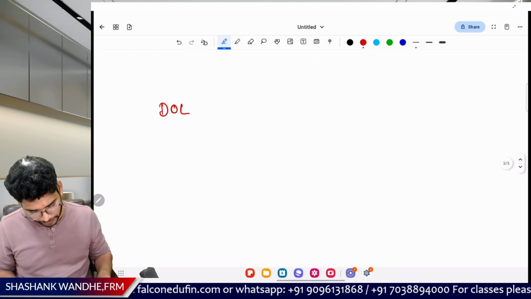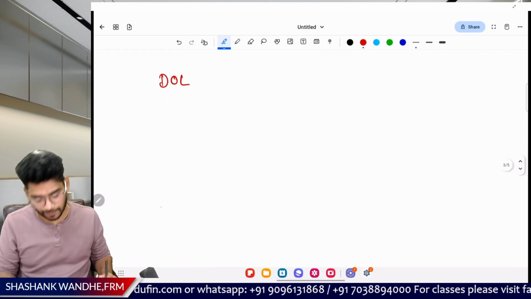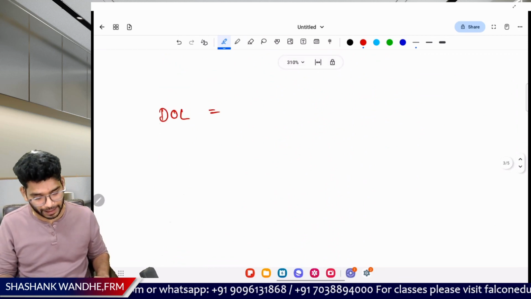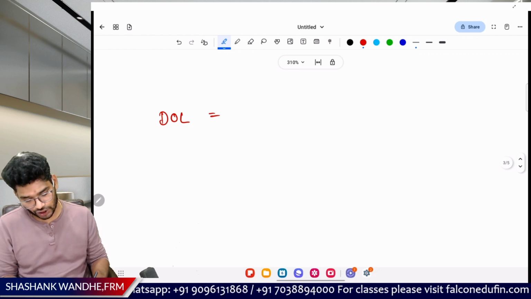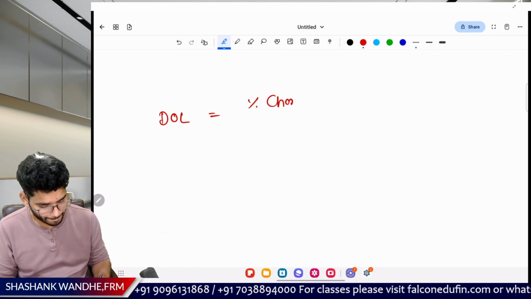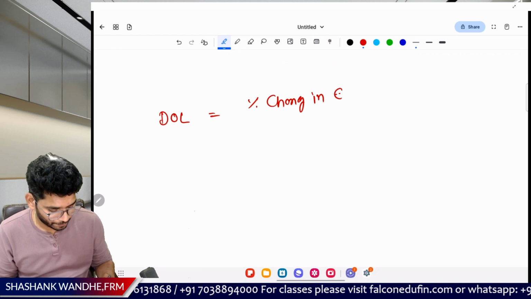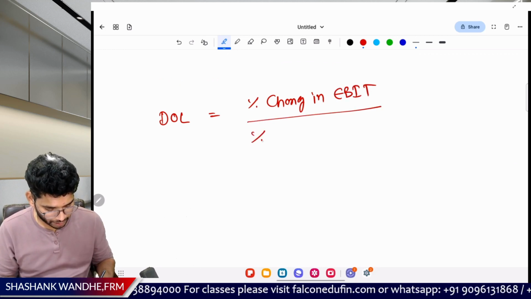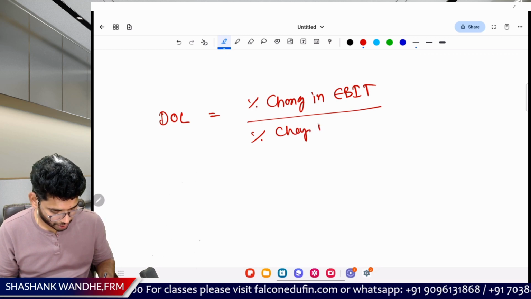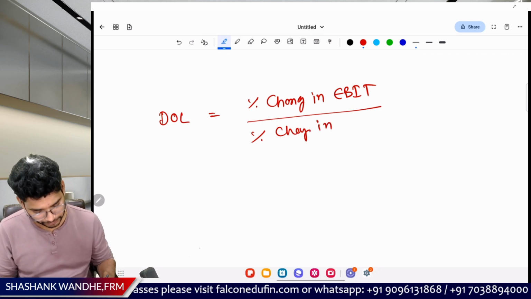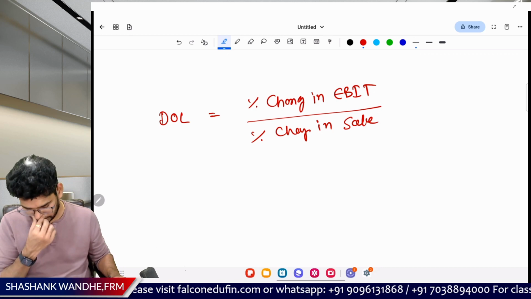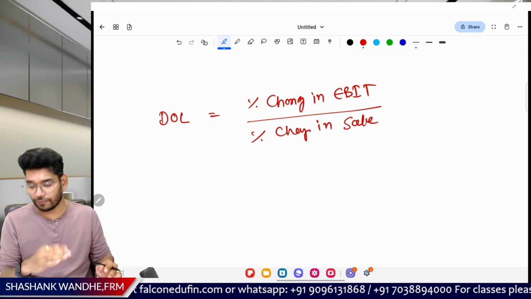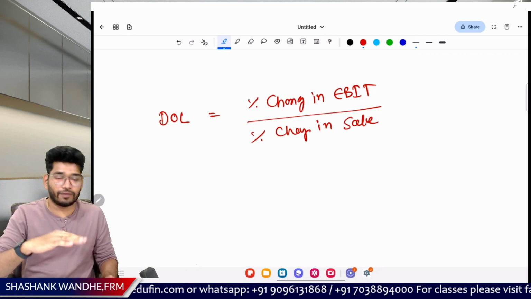But we also have one generic formula, which is degree of operating leverage is equal to percentage change in EBIT divided by percentage change in sale.